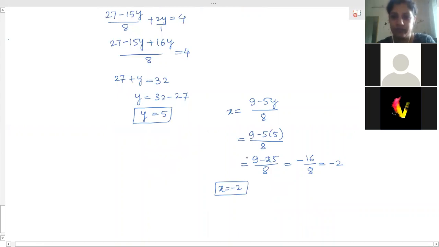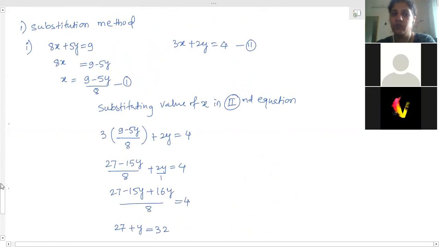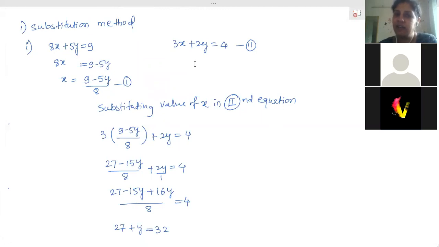Understood the method? Simplification you have to keep on doing, but the method is understood. Yes, ma'am. What we have to do is select any one equation. It's not needed that you select the first one as I have; you can select this equation also. From this equation, find the value of x in terms of y, or the value of y in terms of x, and substitute that value into the second equation.